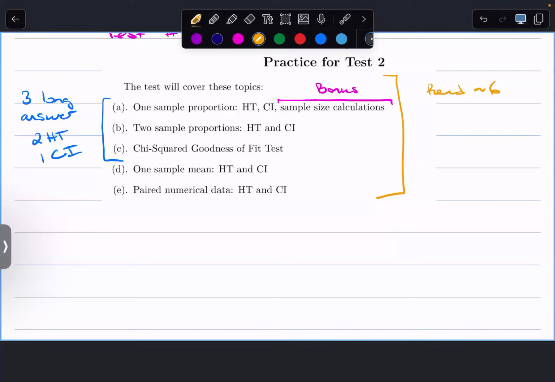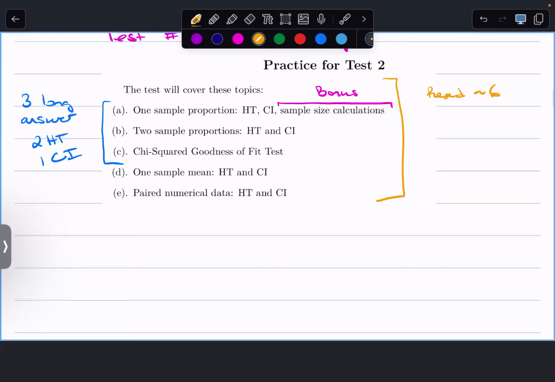Question? Yeah, can you please go over how to determine if it's one or two-sided P real quick? Yes. Let me just write this down, you bet. So read approximately 6 question blurbs. Blurbs, is that a technical term? I don't think so, but I think we all know what it is. You've got this and this and this.